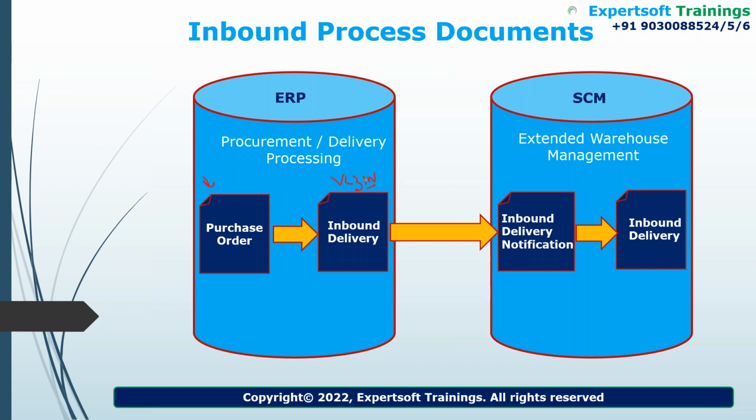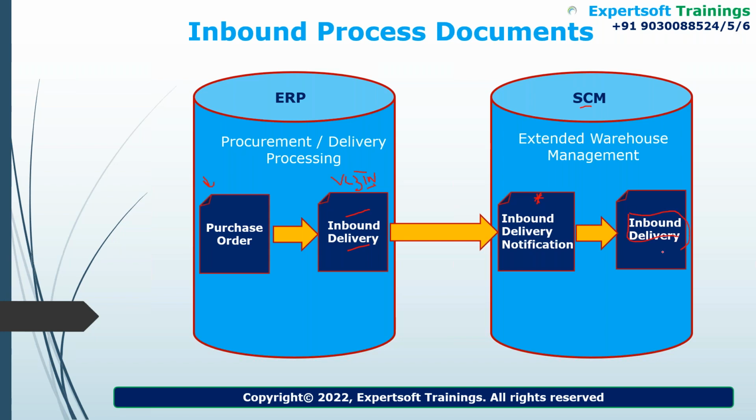To create the VL31, you obviously need to activate confirmation control key 04 in your purchase order, and only then will you be able to create the inbound delivery. Once you create an inbound delivery, and if your configuration has already been set up for your SCM EWM system, it will generate an inbound delivery notification. This is an intermediate document, just a replica of your ERP inbound delivery before creating the EWM inbound delivery. It is an intermediate document, and this will get converted to your inbound delivery.